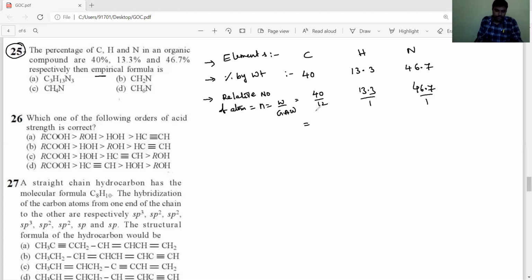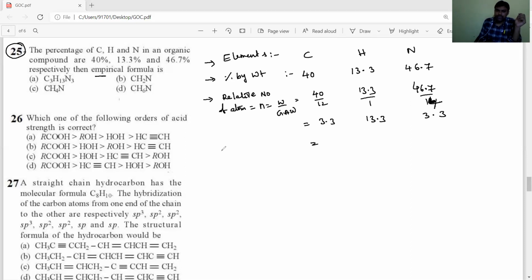Now 40 by 12 is 3.3, hydrogen is 13.3, and nitrogen also comes to 3.3.